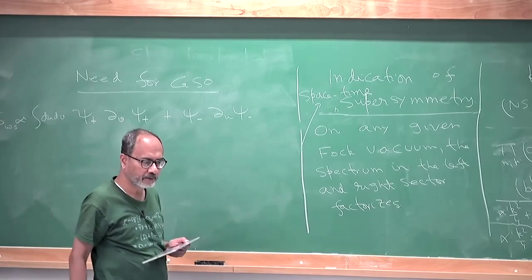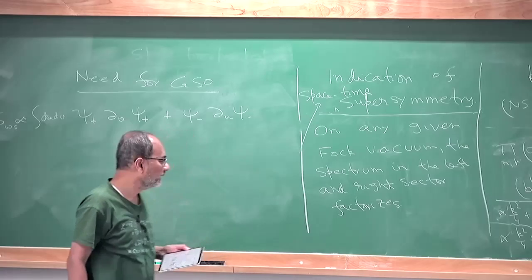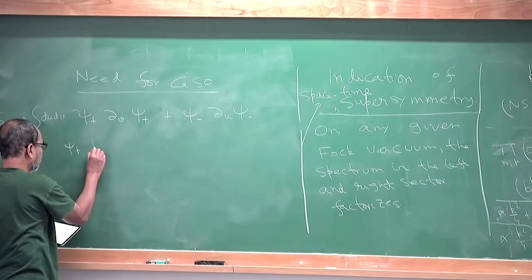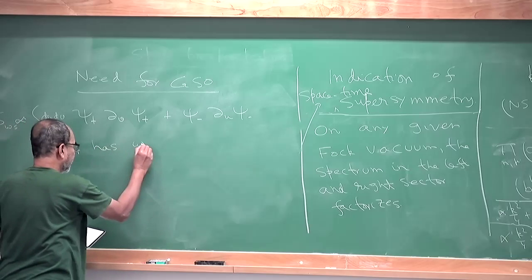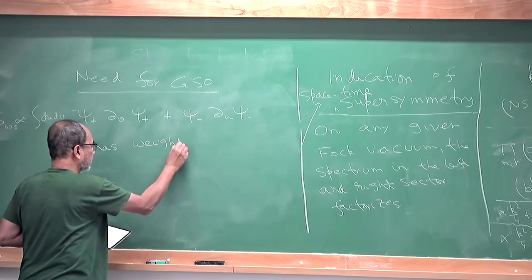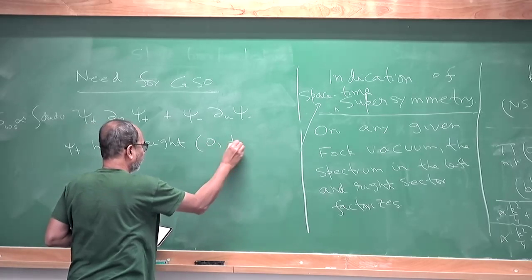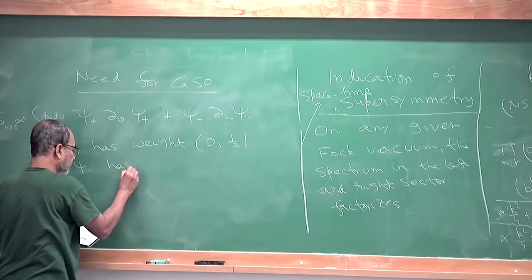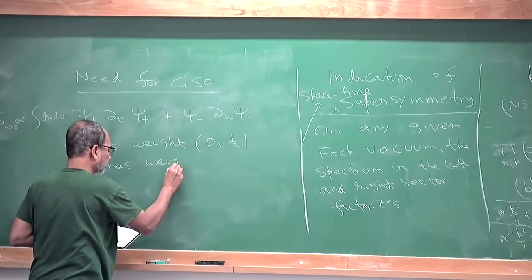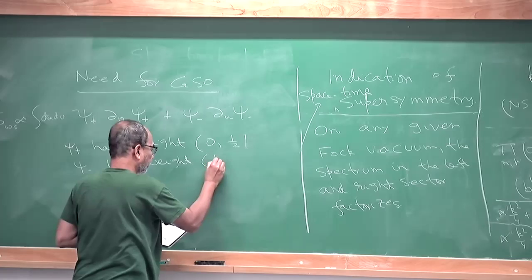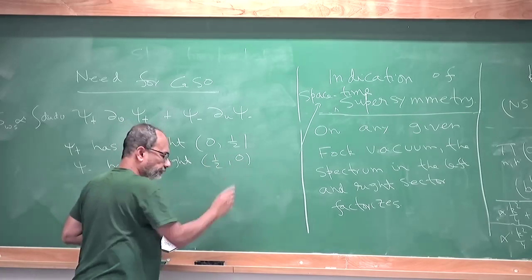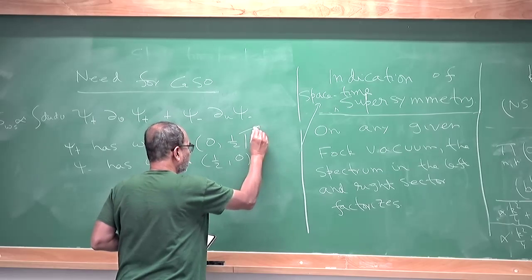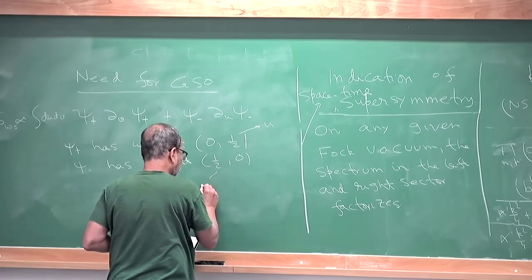That's good enough for us. And this basically shows that psi plus has weight (0, 1/2) and psi minus has weight (1/2, 0), where one entry refers to u and the other refers to v.